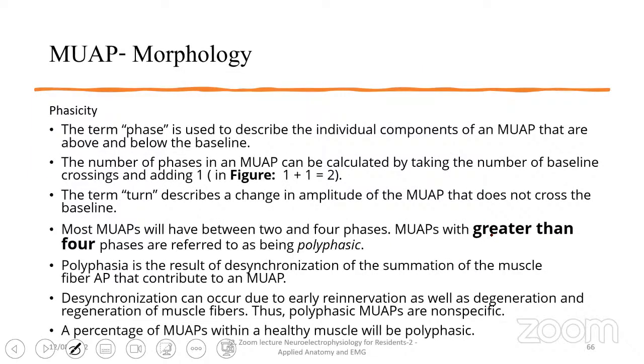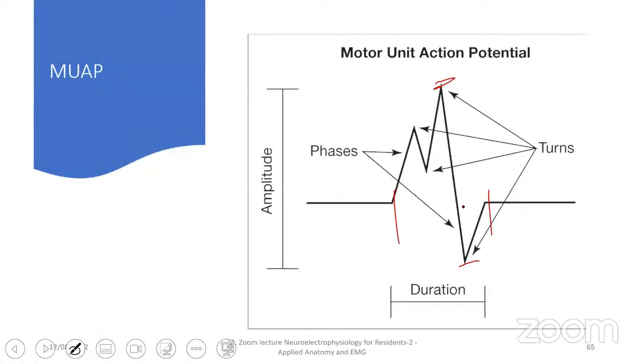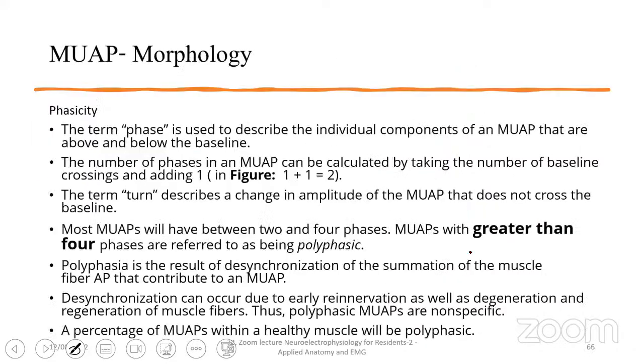The term phase is used to describe the individual components of a motor unit action potential that are above and below the baseline. The number of phases in an MUP can be calculated by taking the number of baseline crossings and adding 1. In the figure, it is 1 plus 1, 2. So this is one which is crossing the baseline.